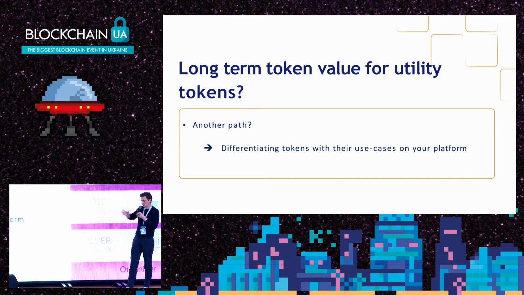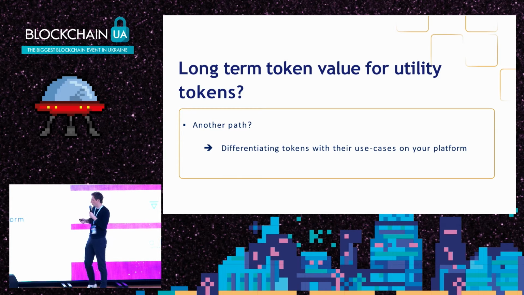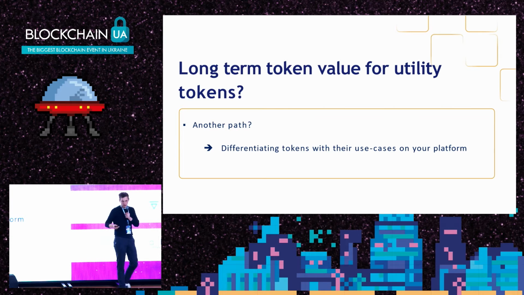you can dissociate and decouple the velocity of one of your tokens from another token that is used for long-term value growth. But this applies better under some specific conditions.